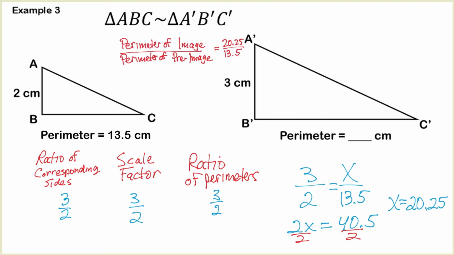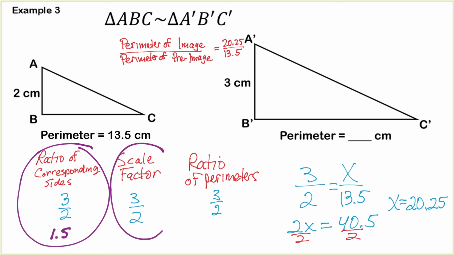And we're going to change everything to decimals. So for the ratio of the corresponding sides, 3 divided by 2 is 1.5. For the scale factor, 3 divided by 2 is 1.5. Supposedly the ratio of the perimeters is 1.5.